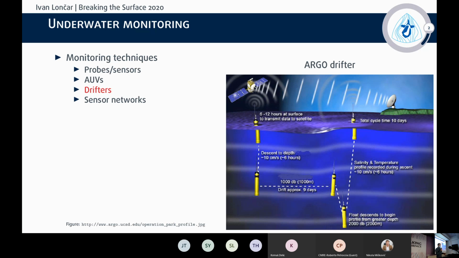And during their mission, they're collecting data about currents, position, and they can even gather data for some speed profiles. And when they surface, they send the data to the satellites to the operator, so you don't have to recollect.